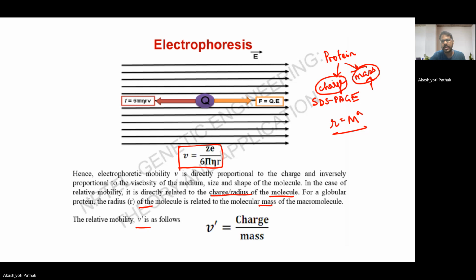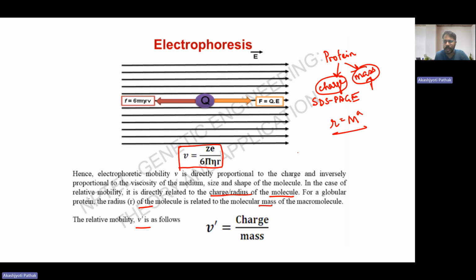Since both these factors control the mobility of the protein, if you are running multiple samples, you have to eliminate one of these factors so that you can understand the mass of the protein.